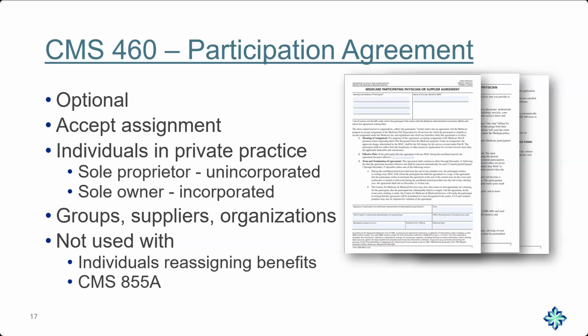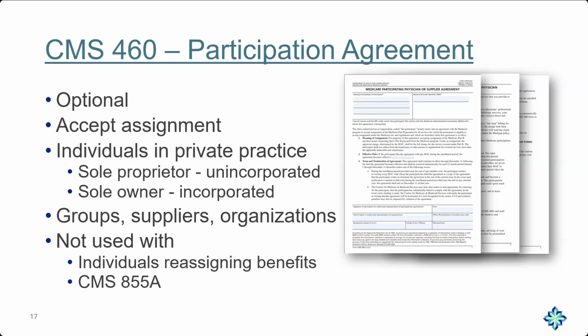It's only asked for individuals that are in private practice, so those sole owners, those sole proprietors, and then groups, suppliers, and organizations. This also does not apply to Part A providers. So if you're filling out that 855A and you're billing on that 837I or that UB, this is not a concept that applies because our Part A providers have a different payment methodology.